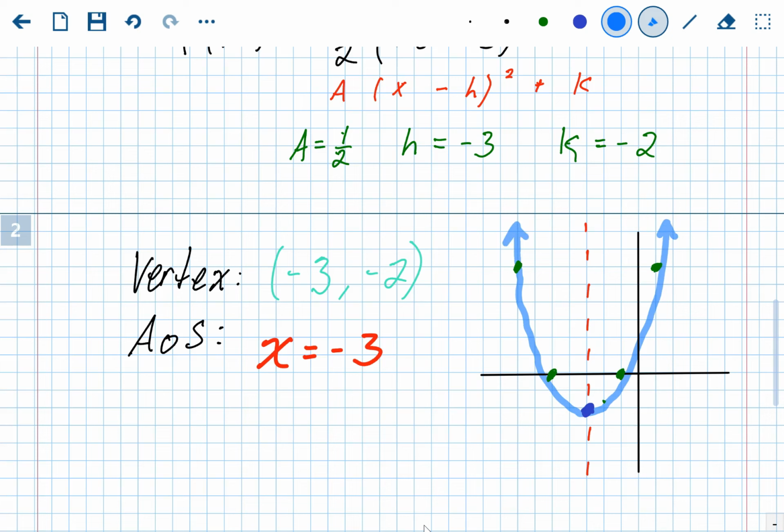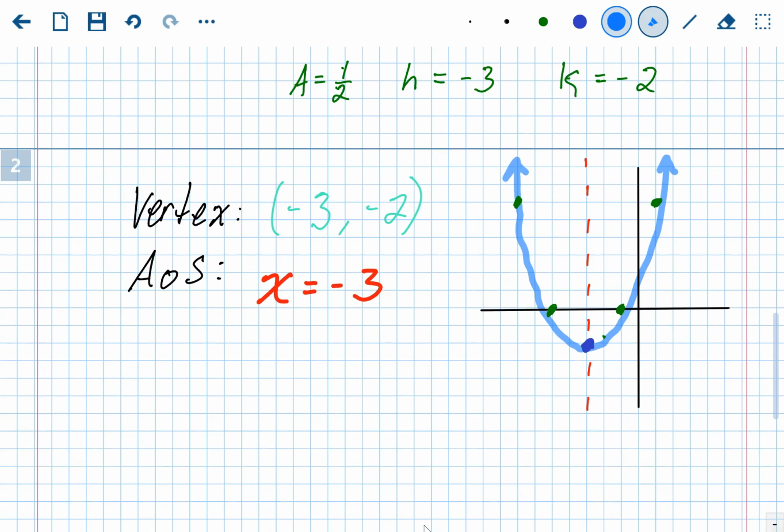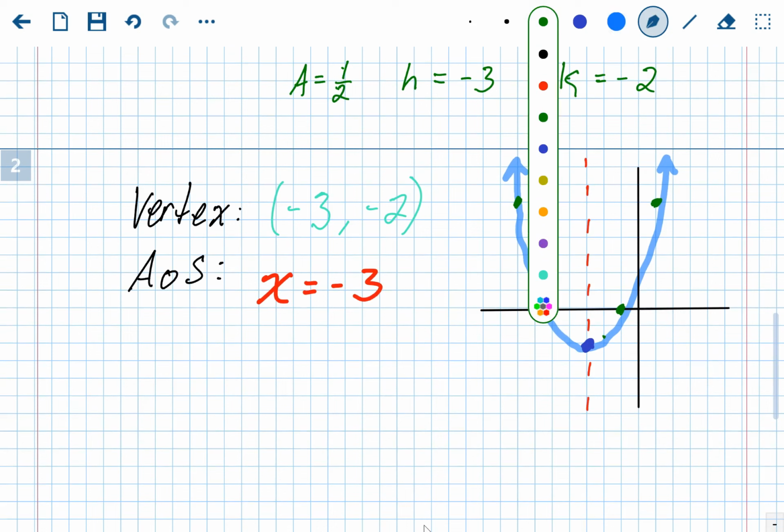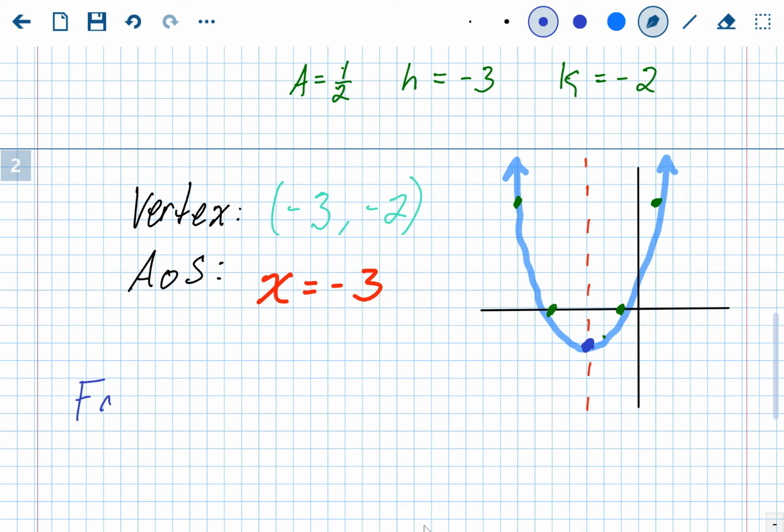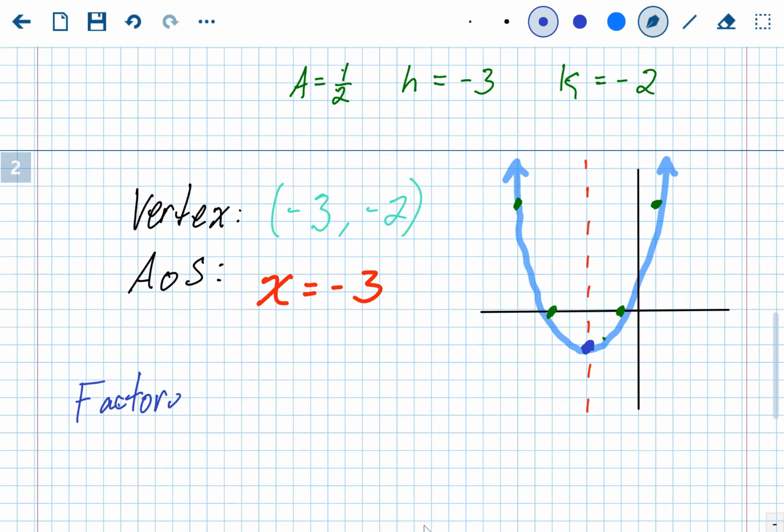Now, one thing to take away from this is we just found the x-intercepts. It just happened to land on the x-intercepts nicely. Now, if you're in vertex form, or if you have a graph, and say we want to convert this to factored form, if you know the x-intercepts and you know the a value, you could write anything in factored form.